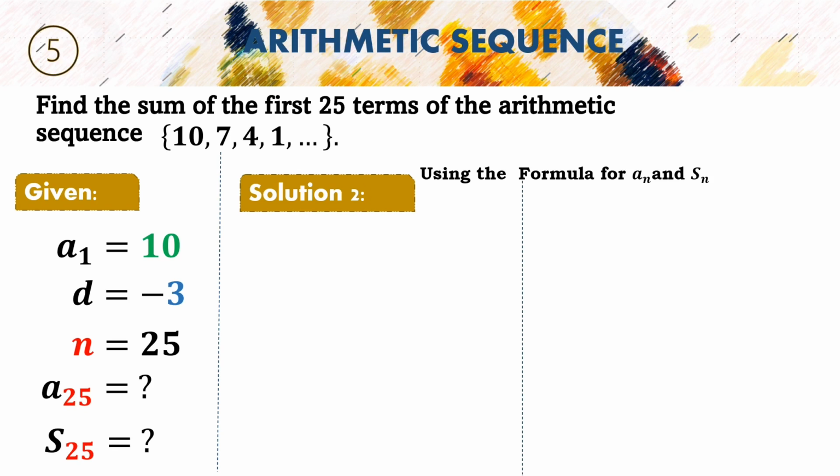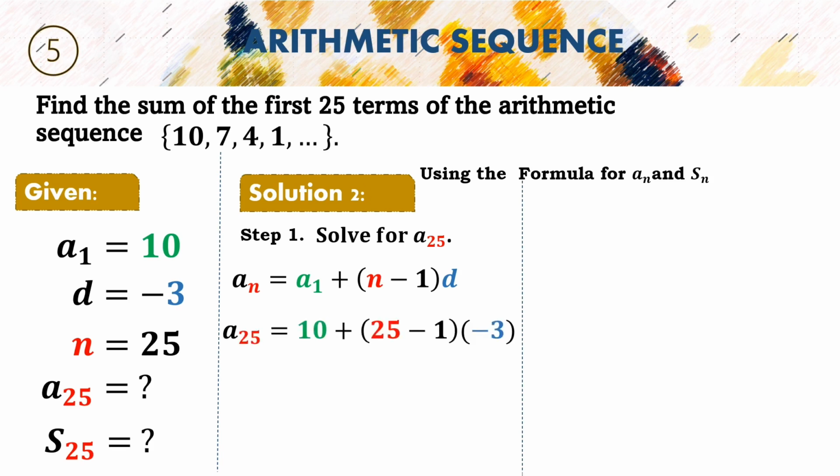Let us proceed to step 1, finding the last term, or solve for a sub 25. Using the nth term, substituting the given, we have 10 plus quantity 25 minus 1 times negative 3. That is 10 plus quantity 24 times negative 3. Therefore, a sub 25 is negative 62.